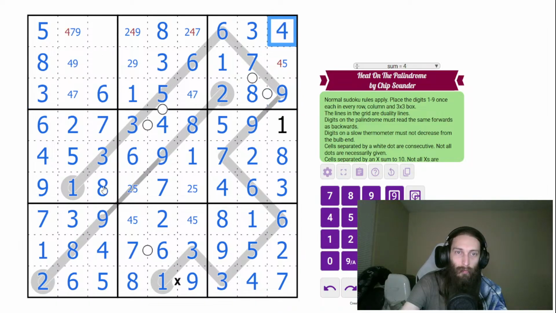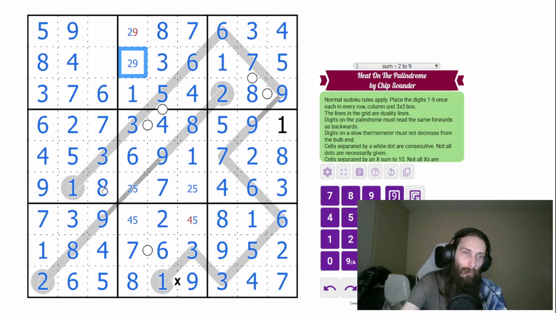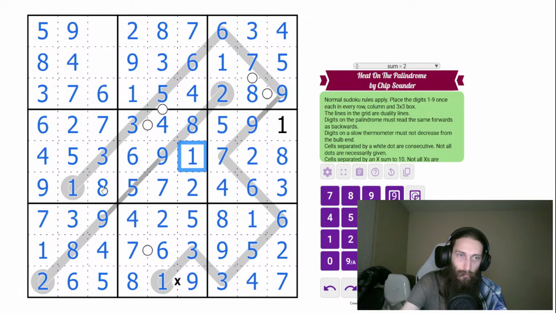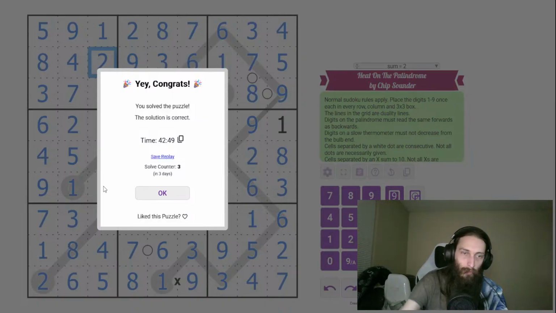I somehow have a 5 in the top row because I just placed one. 4's gone from those. 2, 9 pairs, 7 and 4. 7, 9, and 4. Nope, the other way. 2, 9. 5, 4. That is one too far over. I don't see a 1, which is here, and I don't see a 2. There we go.